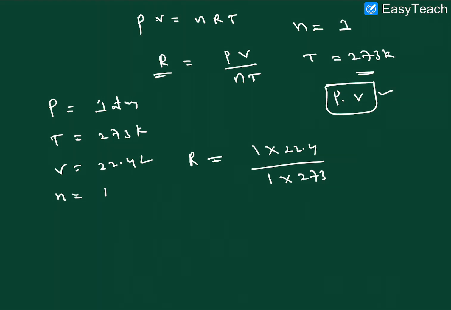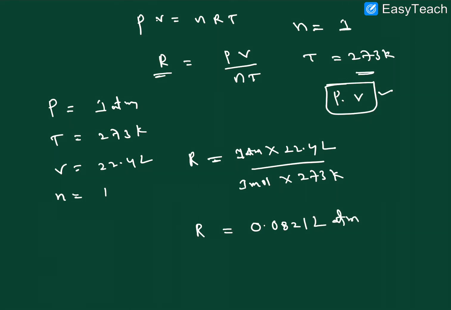And here 1 mole into 273 Kelvin temperature. We can calculate this value. What will we get here? 8.314 into 10 to the power of 7 ergs, right? Ergs per Kelvin per mole.